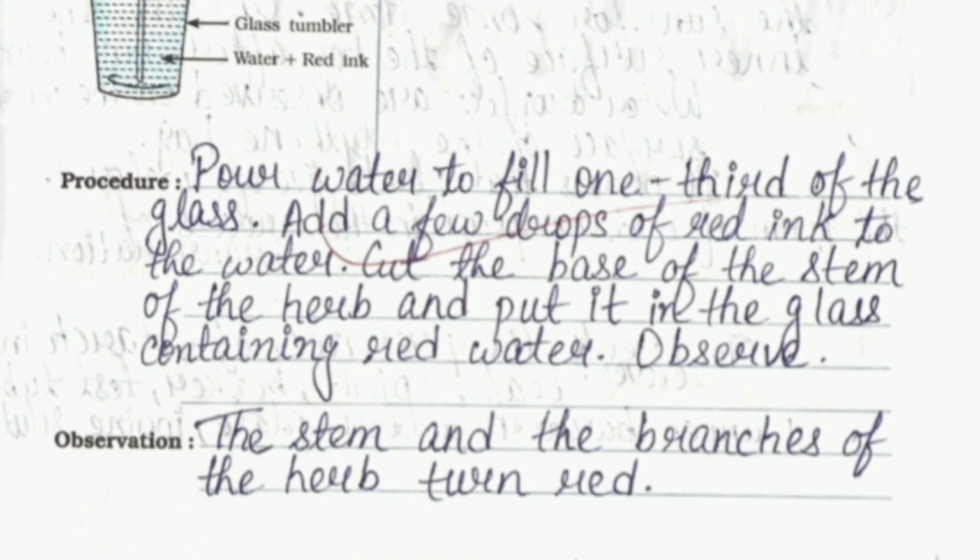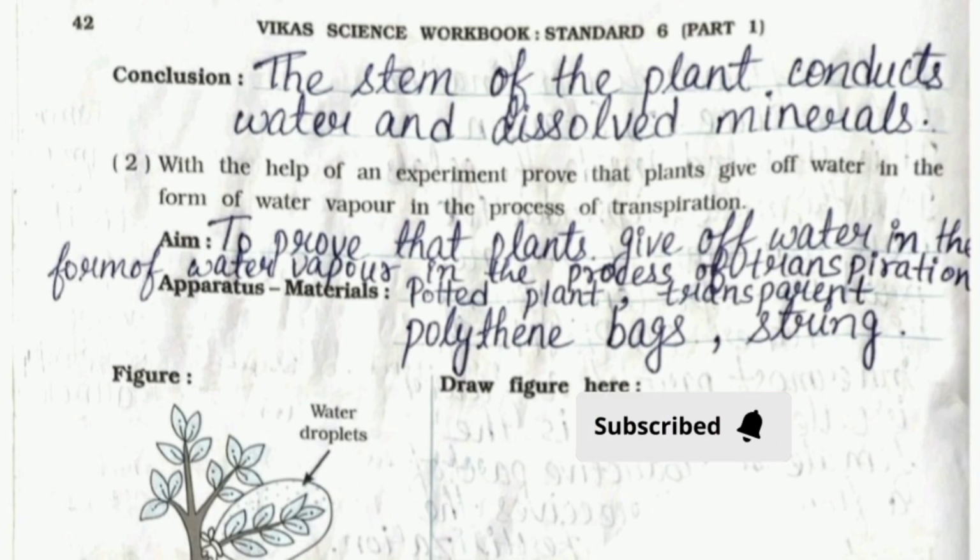And the procedure is, pour water to fill 1/3 of a glass, add a few drops of red ink to the water, cut the base of the stem of the herb and put it in the glass containing red water and observe. Observation is, the stem and the branches of the herb turn red. Conclusion, the stem of the plant conducts water and dissolved minerals.